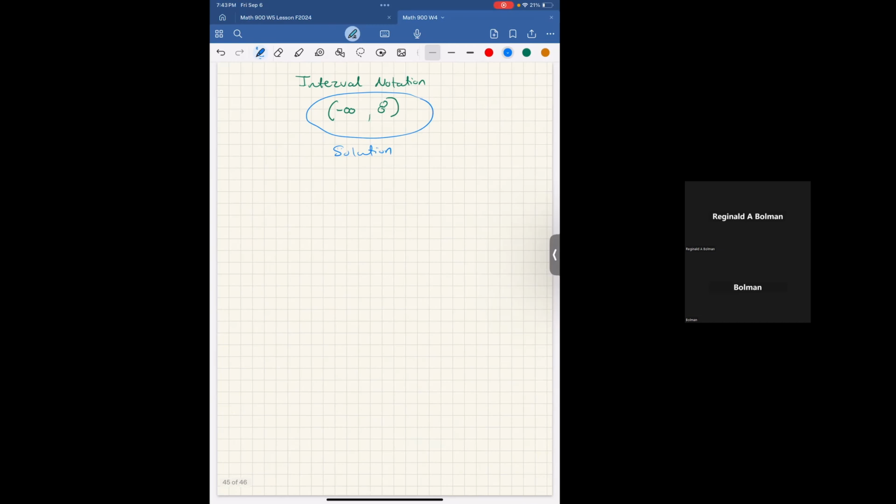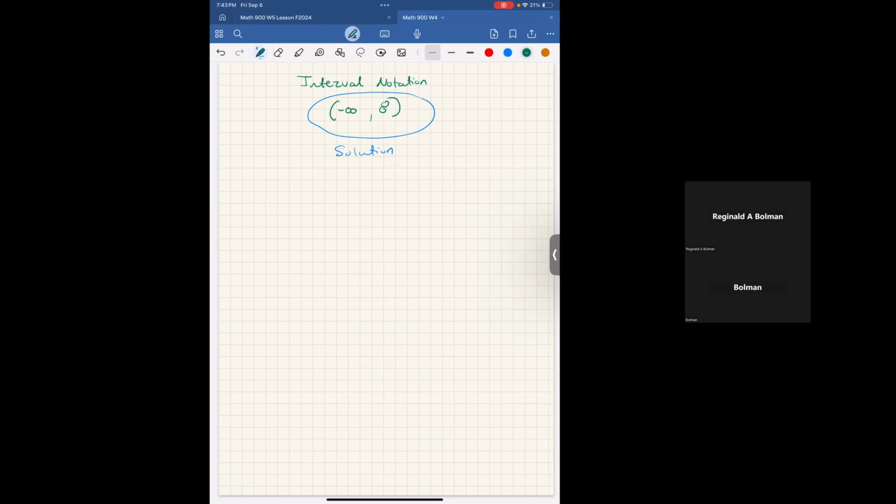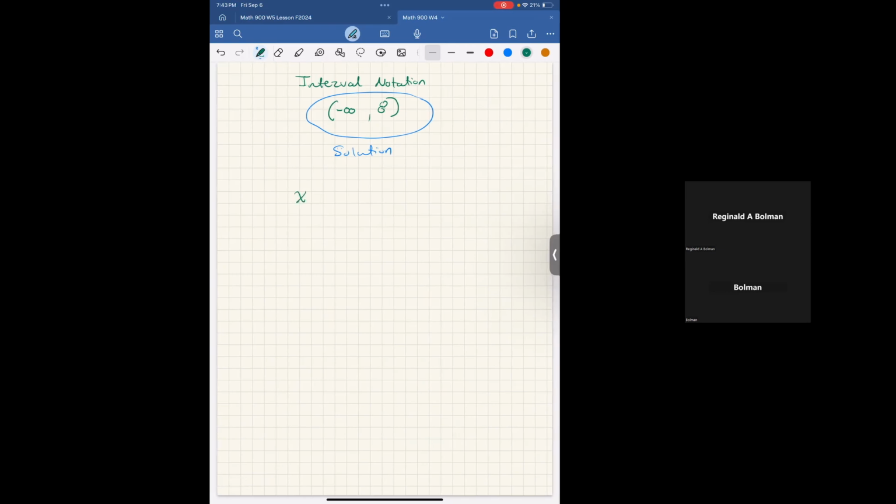Let's look at another example. Suppose you have x is greater than or equal to 8. And we wanted to denote the interval notation, or the solution to x is strictly greater than 8, using a number line.